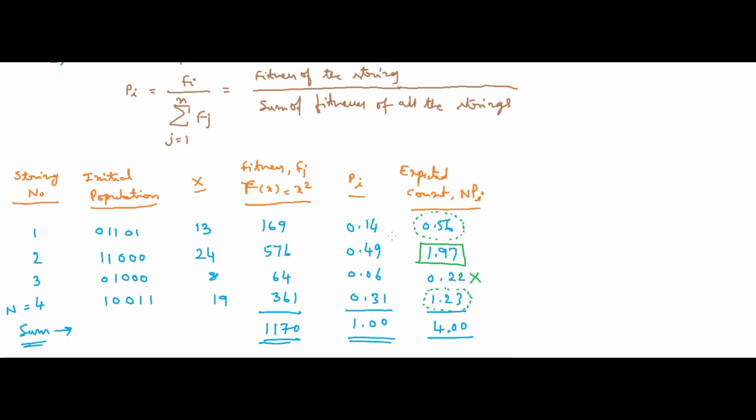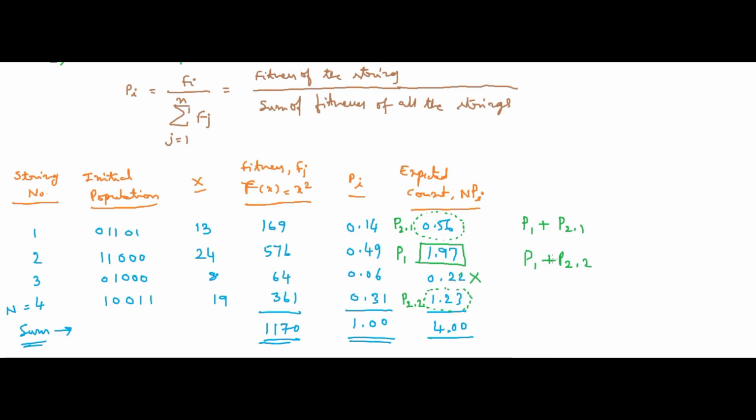Okay, let me take this one as parent 1, this one as parent 2.1, and this one as parent 2.2. That means what exactly happens here? I want to do any operation, obviously crossover and mutation, for P1 and P2.1 and P1 and P2.2 only.